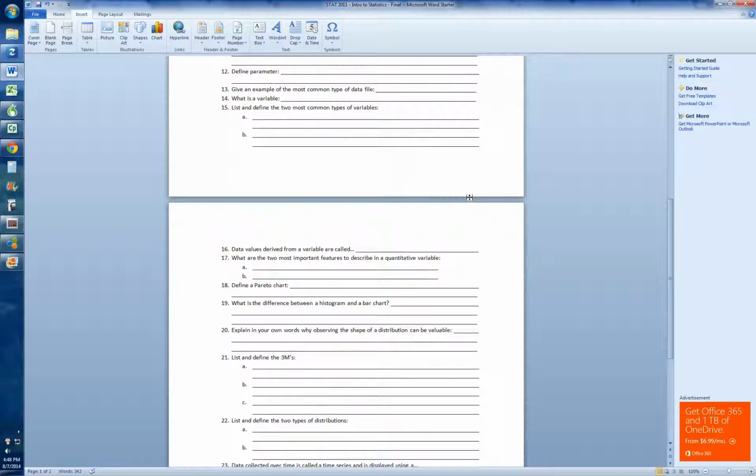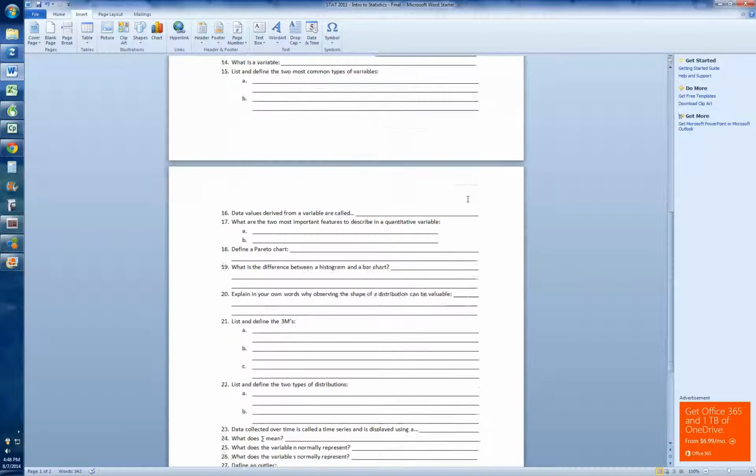So maybe if you did a survey where people were answering yes or no, that's categorical. You can't put a number to that. Or if you ask people what their ethnicity is, are you Caucasian, are you Hispanic, whatever it is, those aren't going to be numbers, right? So those are categorical variables. If you ask somebody how tall they are, they're going to give you a number, right? So that's a numerical variable.